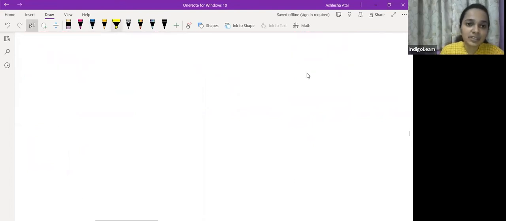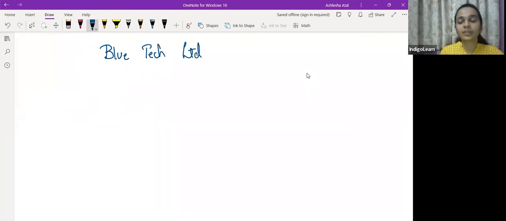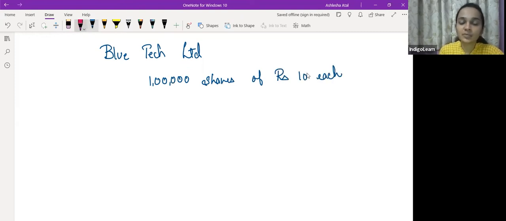Say there's a company Bluetech Limited. Now, Bluetech Limited's capital clause states that the authorized share capital of the company is divided into 1 lakh shares of rupees 10 each. तो ऑथराइज शेयर कैपिटल कितना हो गया इस कंपनी का? 10 lakhs.